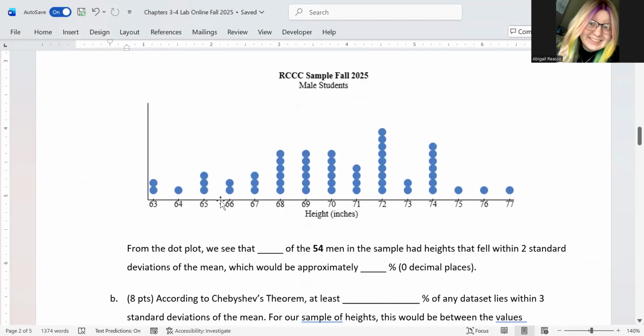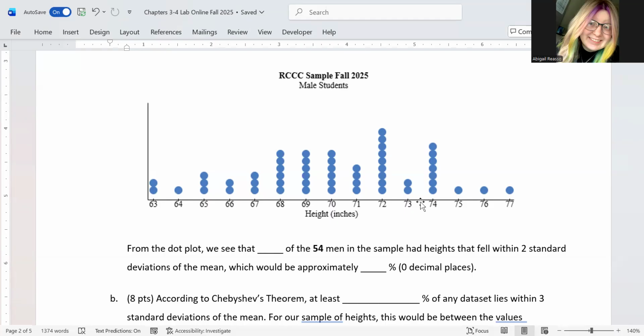You'll mark that between the 65 and the 66. And then maybe you have 73.2. You would mark that above your 73, but below your 74. And that will show you the bounds of your interval. So anything inside of that is what would fall within the standard deviations.